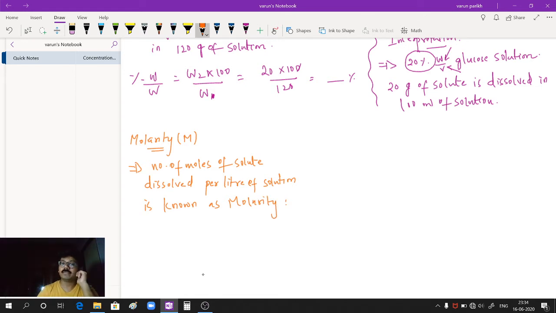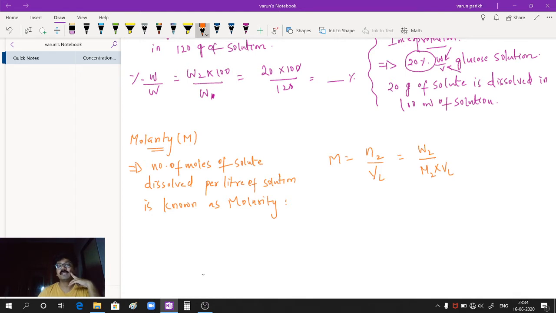If I want to make the formula, then molarity is equal to the number of moles of solute, dissolved per liter of the solution, V liter. Extending this formula, the number of moles is mass by molar mass, so molarity is mass divided by molar mass multiplied by V liter.